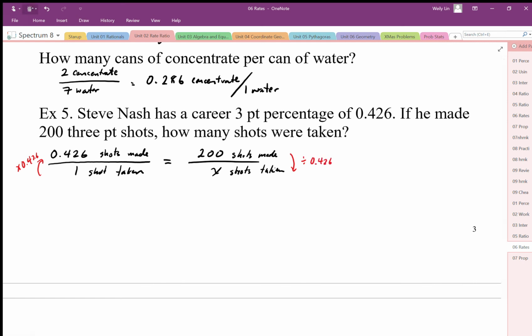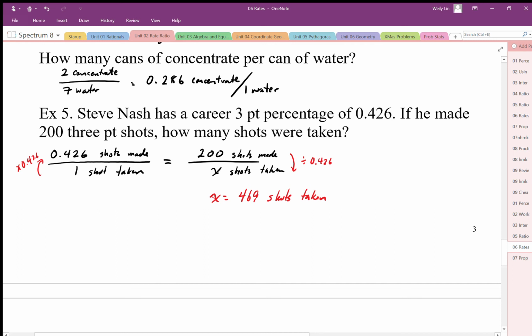So when we divide by that unit rate to get x, x is equal to 200 divided by our unit rate, and we get about 469 shots taken. Okay, we're going to round that. So 469 shots taken. Okay, so that's one way to do it.